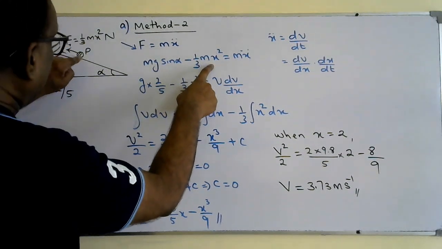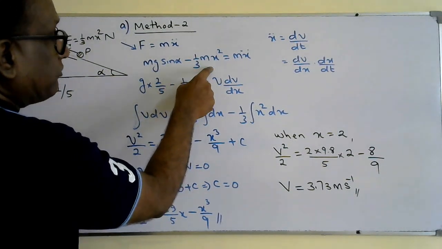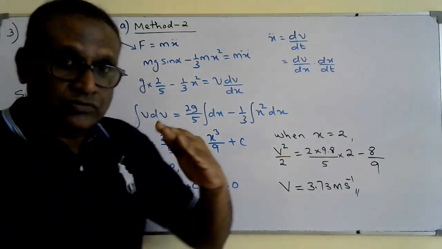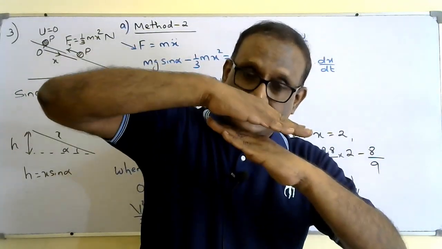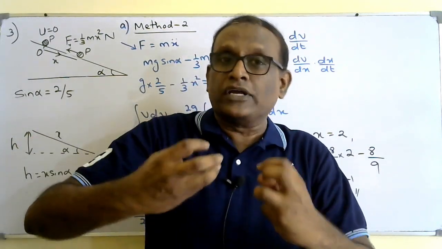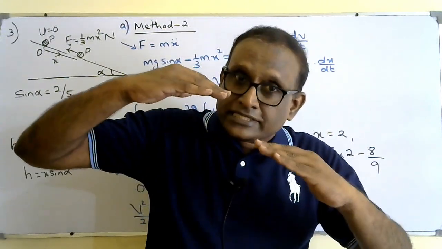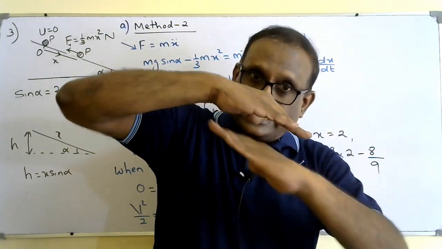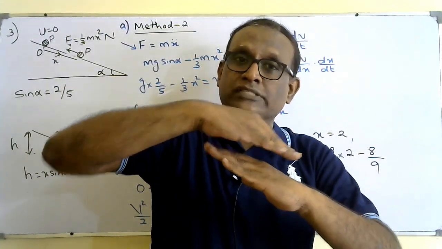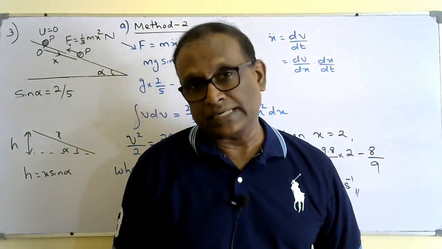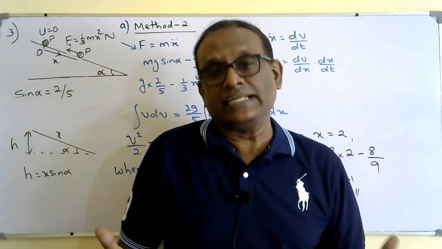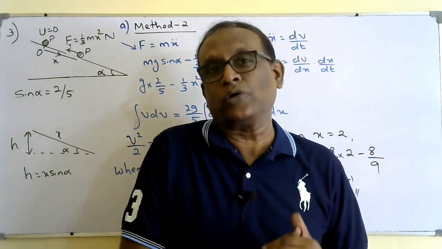So the resultant force will be upward, while the motion is downward. Whenever a moving object has a force opposite to the direction of motion, here the particle is moving down and the force is acting up, the particle will decelerate.